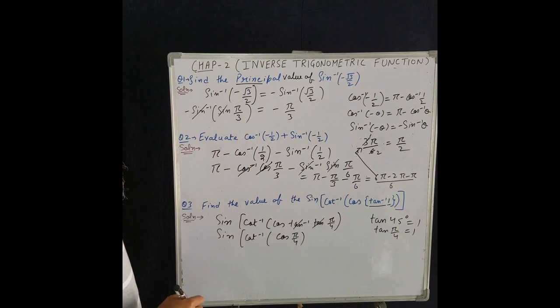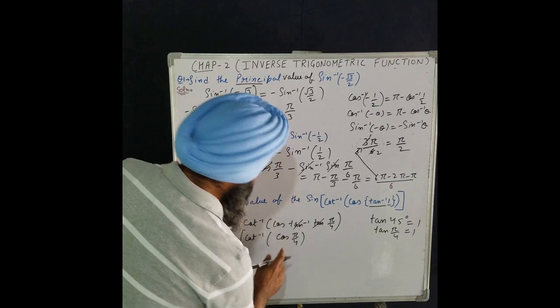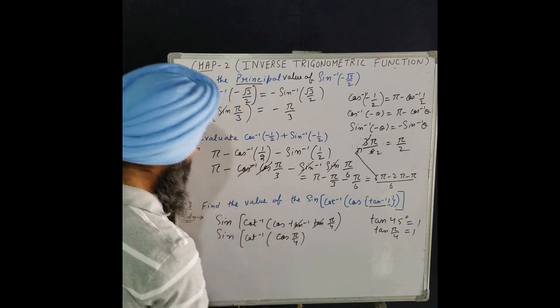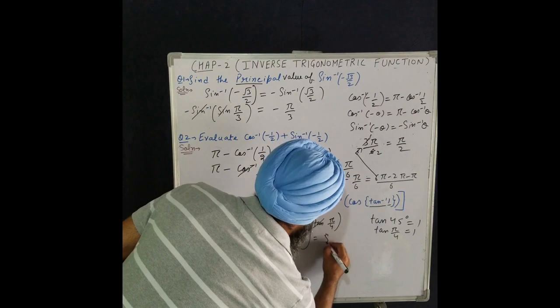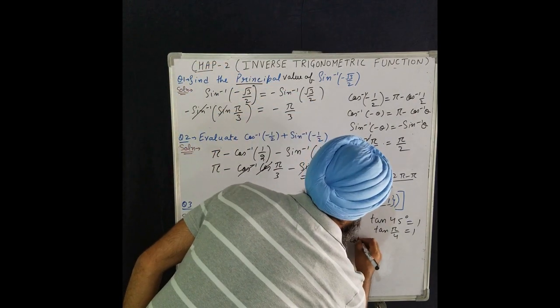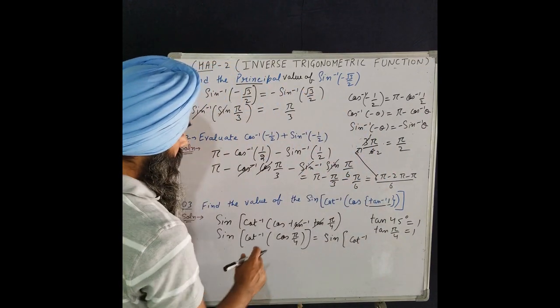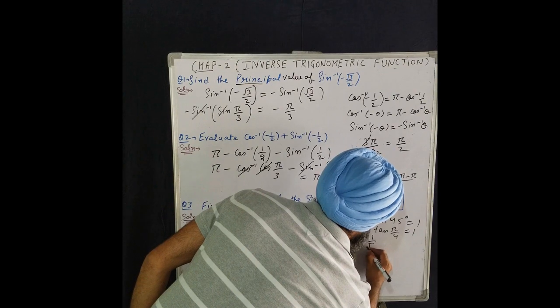And the value of cos pi by 4, that comes out to be 1 upon under 2.